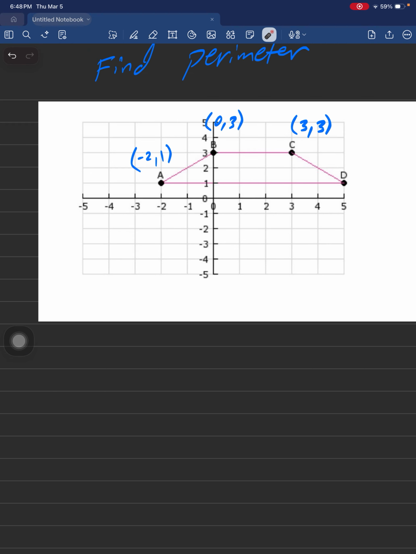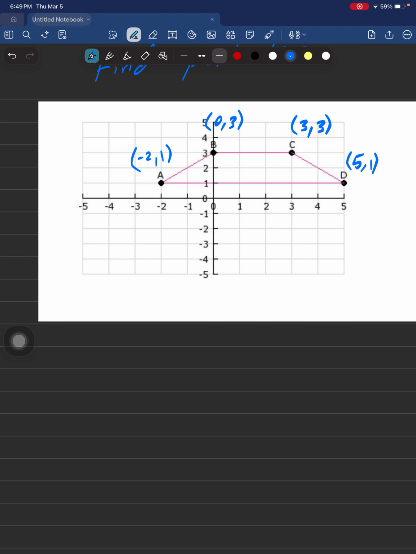For the point D, we start from 0, run 1, 2, 3, 4, 5, and then rise 1. So the point is run 5, rise 1.